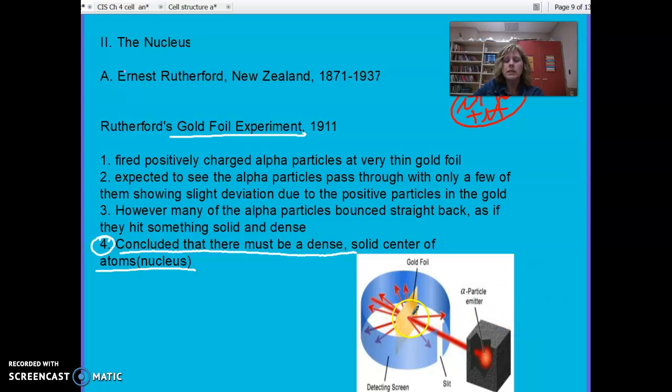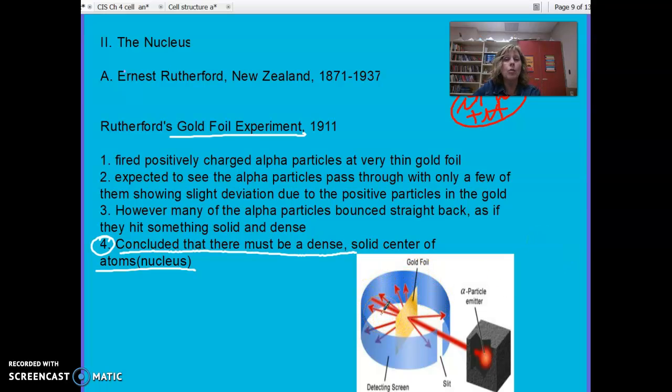He expected to see these particles mostly just pass right through, with maybe a few showing a slight deviation, because the alpha particles were positive and he knew there were positive particles in the atom.